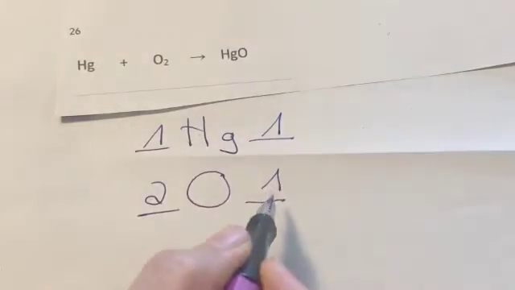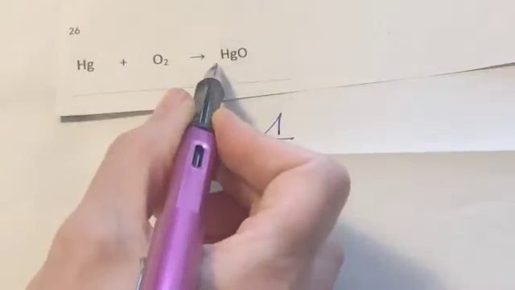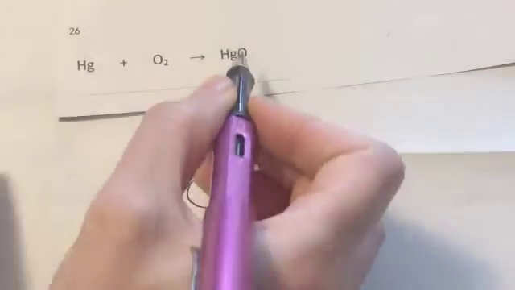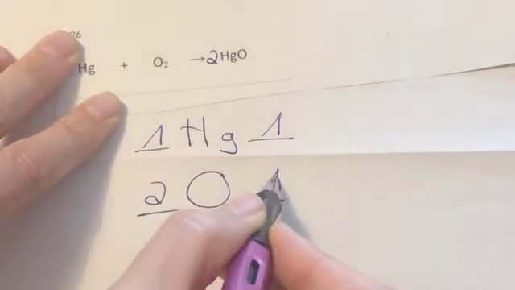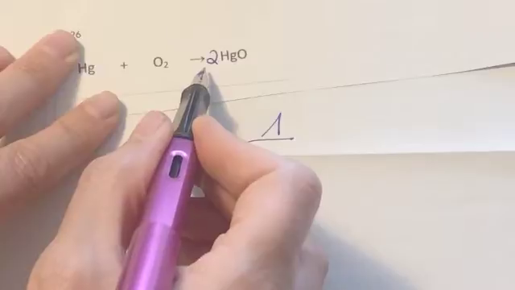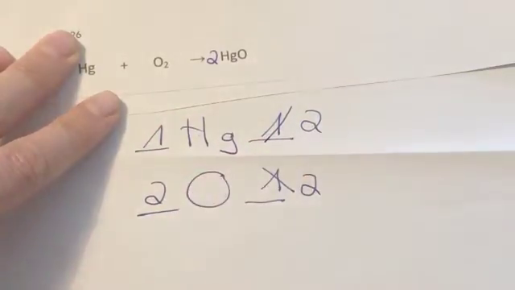So then we need to think, what number are we going to put in front of this compound of mercury oxide in order to make this have 2? If you thought 2, you are correct. So you can go ahead and put 2. That 2 distributes not only to the mercury, but also to the oxygen, so that's also going to be 2.